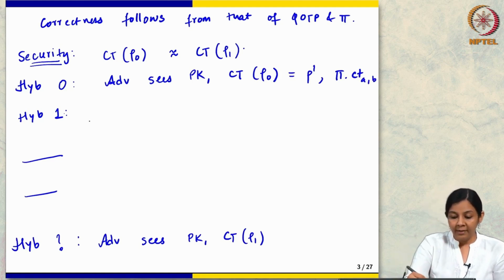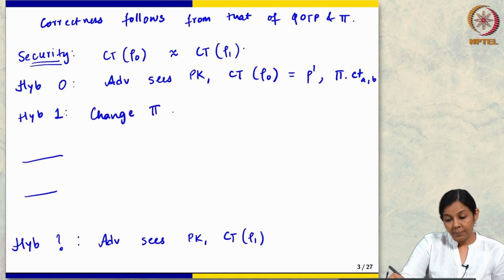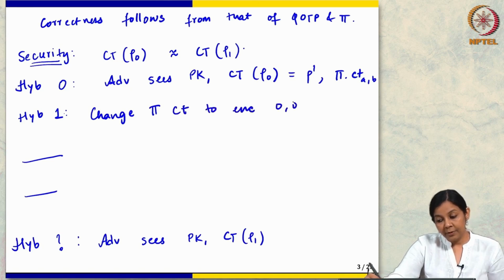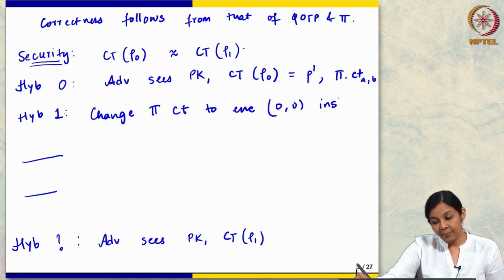As he suggested, the next step could be that you change pi CT to encrypt 0, 0 instead of A, B.